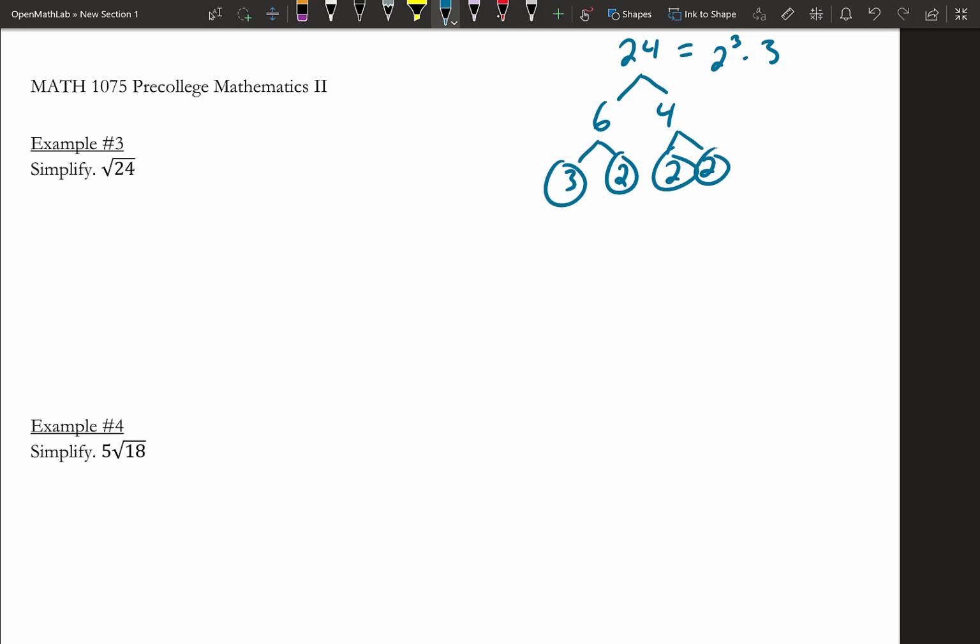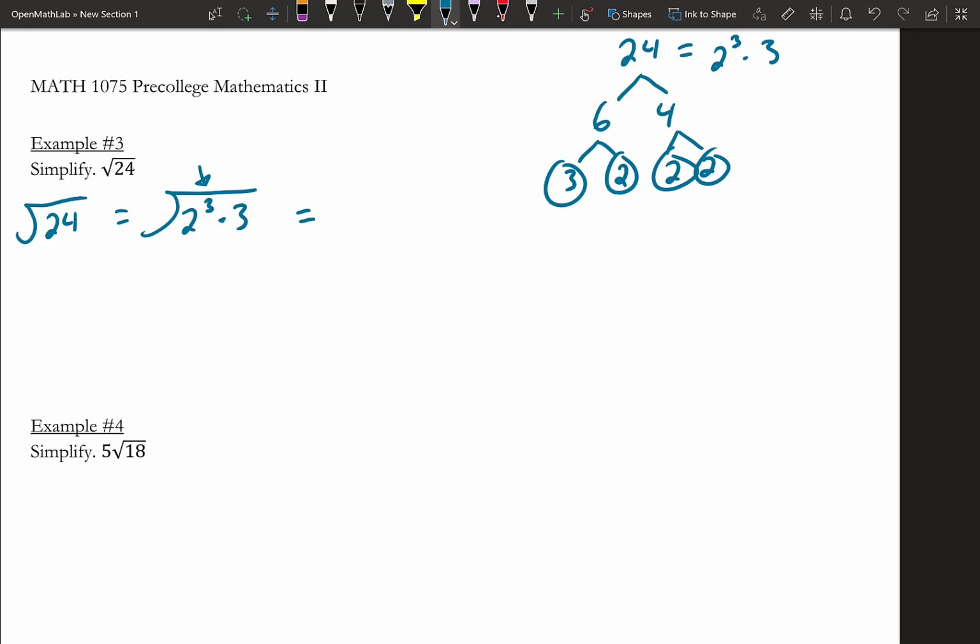So the square root of 24 is equal to the square root of 2 cubed times 3. This is not simplified. The problem is this exponent 3, because it's bigger than the index, which is 2 in this case, because it's not written, it's understood to be 2.